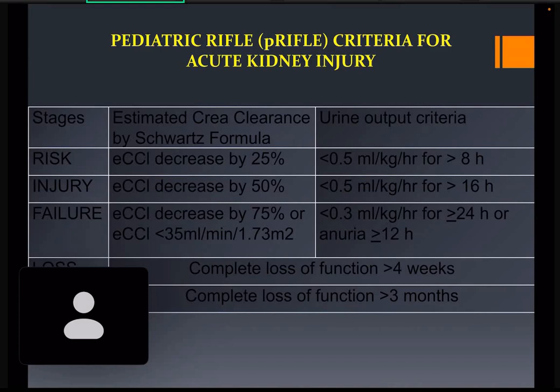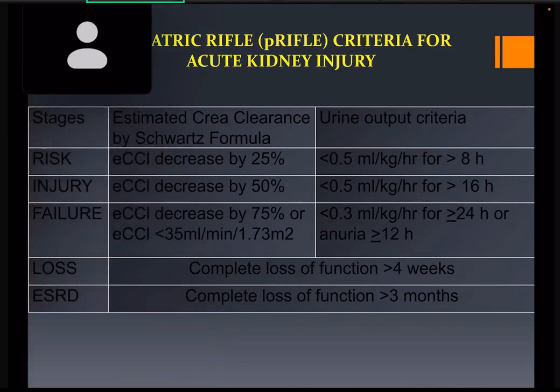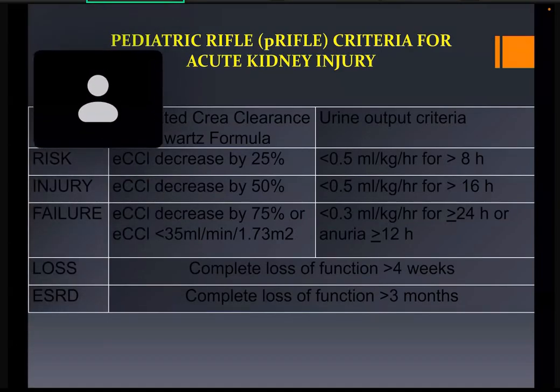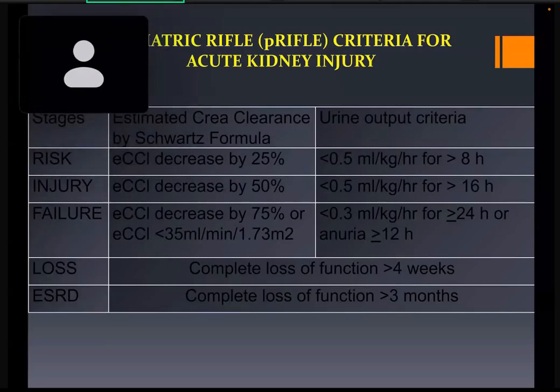If it is more than 16 hours already, then that is injury. It is failure if there is less than 0.3 ml per kilo per hour for more than 24 hours, or anuria for more than 12 hours. However, it becomes loss if the loss of kidney function lasted for more than 4 weeks, and ESRD if the loss of function of the kidneys is more than 3 months.